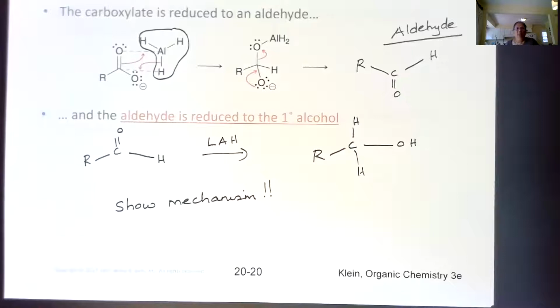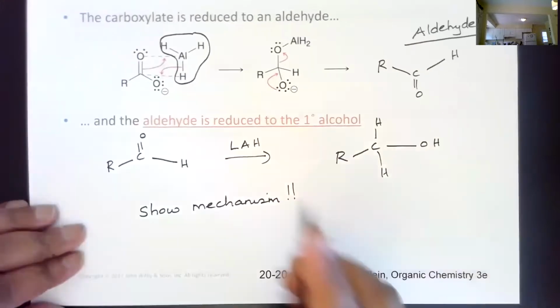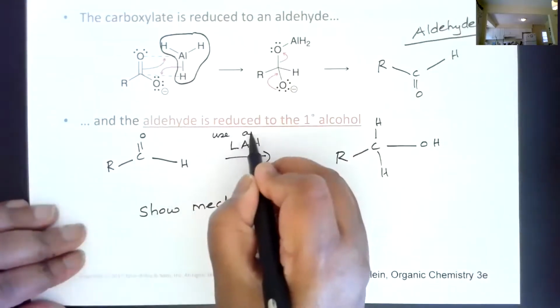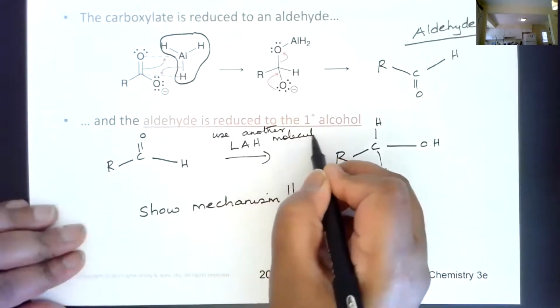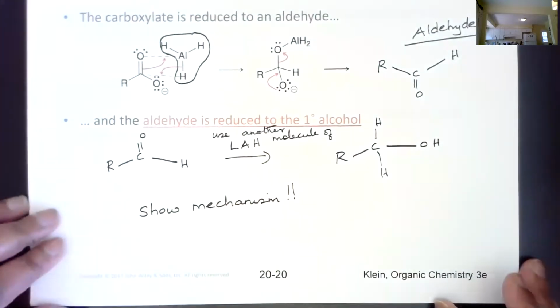Whenever we form the aldehyde, another molecule of LAH comes. Yes, because that guy's reactive, so you don't have to separate it out. It'll be taken to the primary alcohol state. Yeah, good question. Okay, so use another molecule of LAH. Okay.